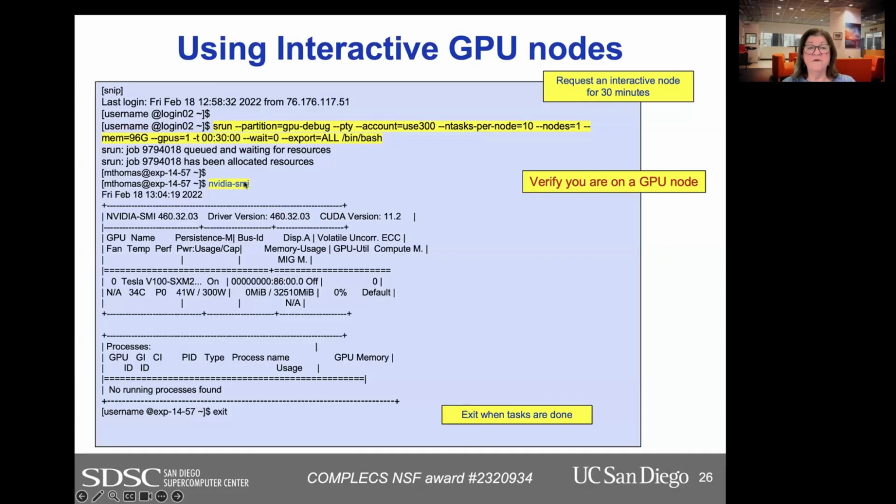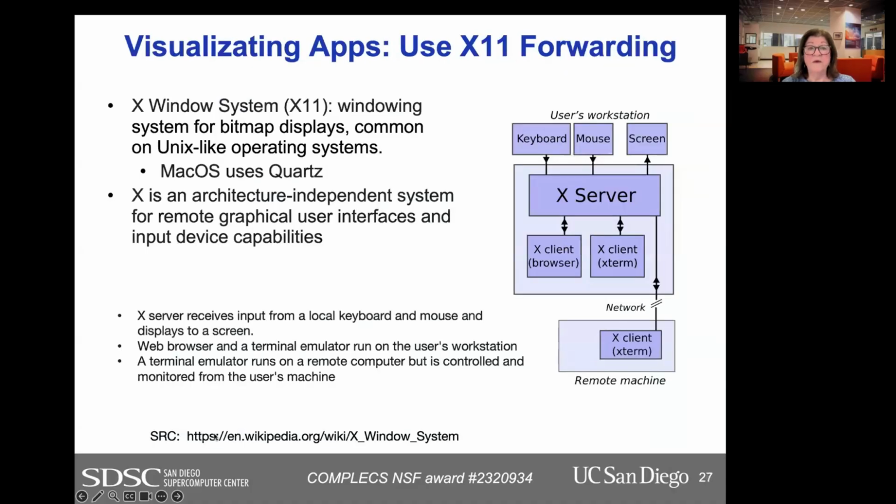If you run nvidia-smi, you should find out that you've got an NVIDIA GPU going. This brings back information. And also notice I was on the login node, and now I'm on this node, the Expanse-1457 node. So I've gotten my interactive node, and now it's sitting there, and I have it for 30 minutes to do whatever testing I need to do.